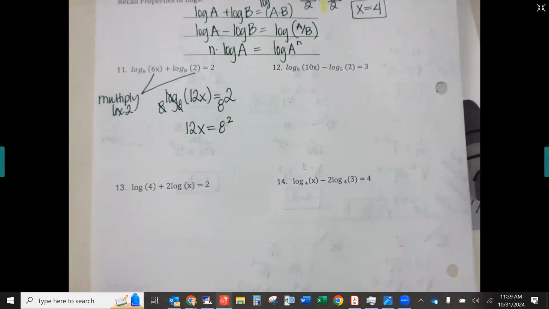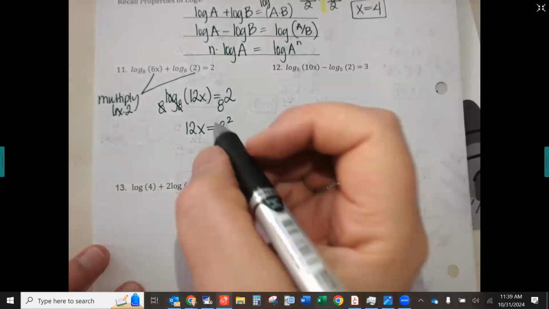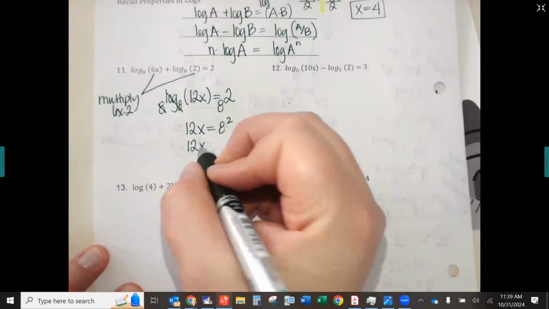Now remember, x determines whether you want little numbers or big numbers. Look at your x. Is it a regular x or a little x? Regular. Then I want 8 squared to go back to being regular too. So look up in your chart. What is 8 squared back to regular numbers? 64. Then 12x equals 64.